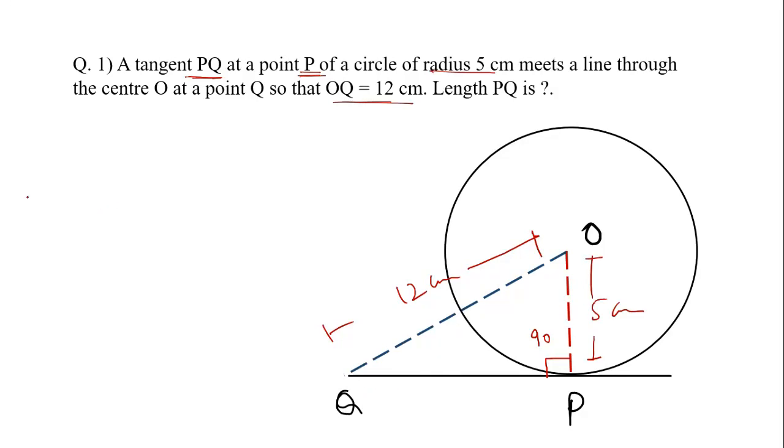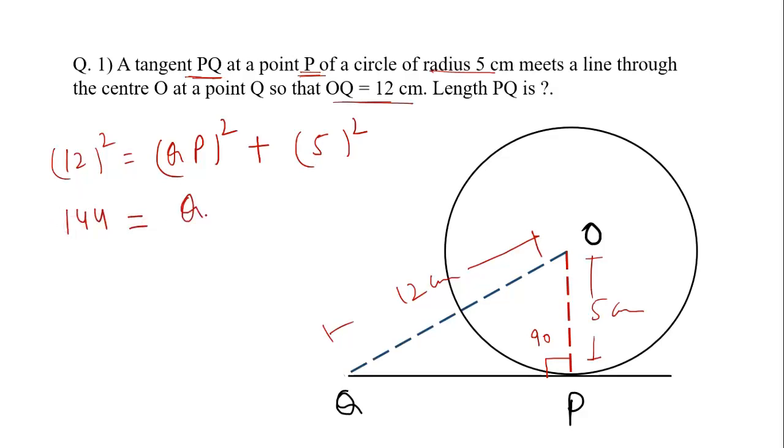According to the Pythagoras theorem, hypotenuse square, where OQ is the hypotenuse, that is 12 square, equals QP square plus OP square, where OP is 5, so 5 square. The square of 12 is 144, and the square of 5 is 25.